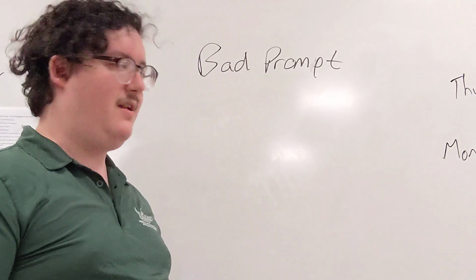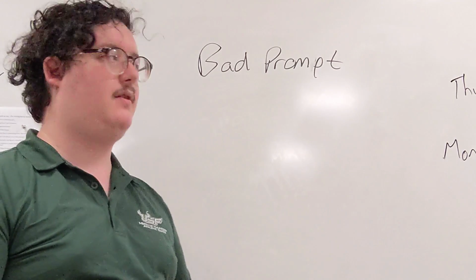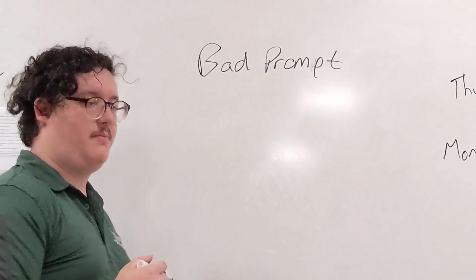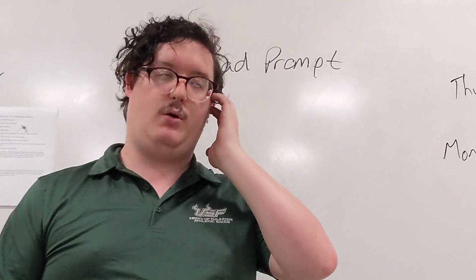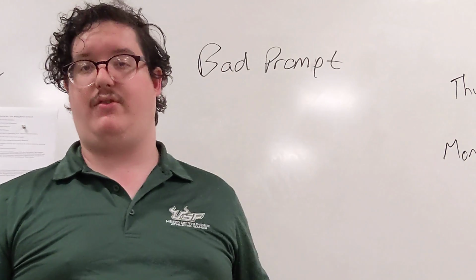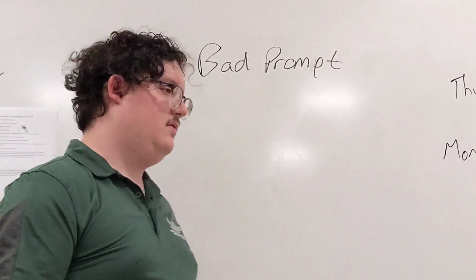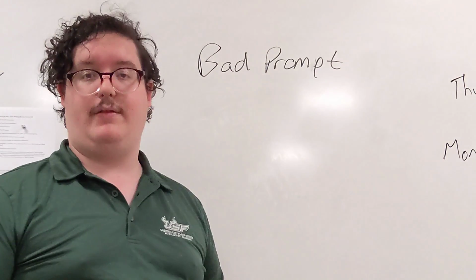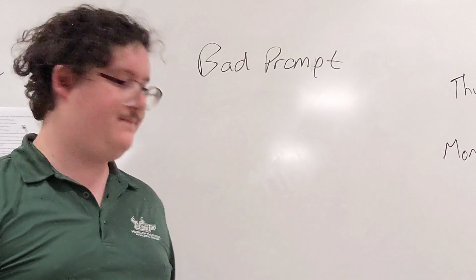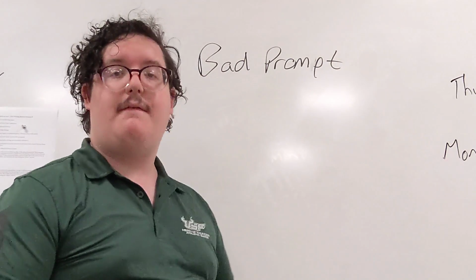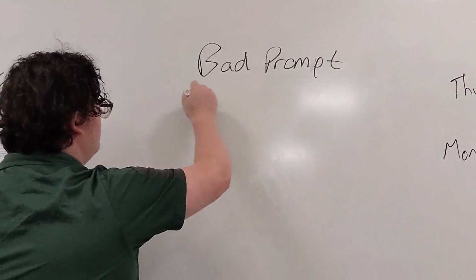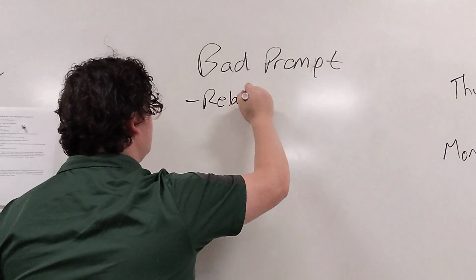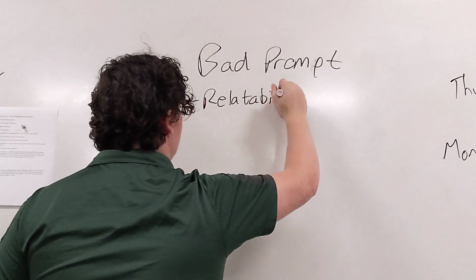Okay? Nobody likes broad prompts. Nobody likes really specific prompts. We don't like things that we can't invest ourselves in, that we can't emotionally respond to. So, how do we deal with it? I've got a couple answers. First of all, is relatability. Okay?